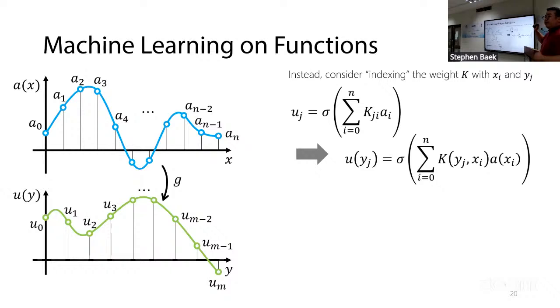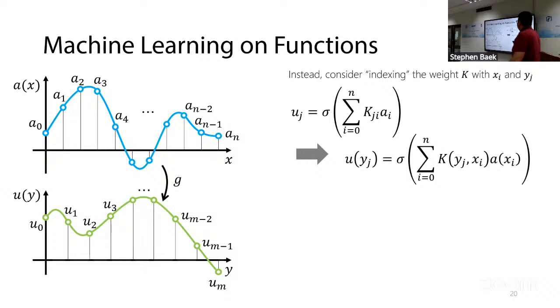So here's a trick. What the neural operator does is to consider some sort of a continuous indexing of the weight value k.